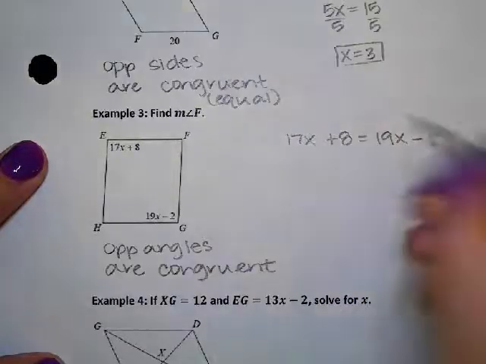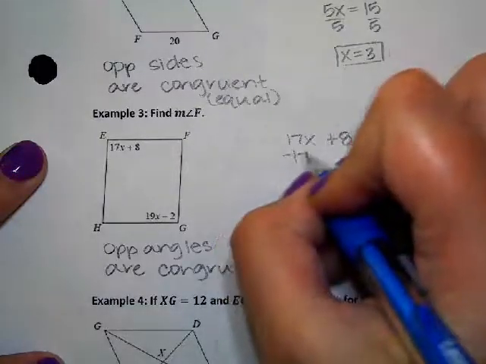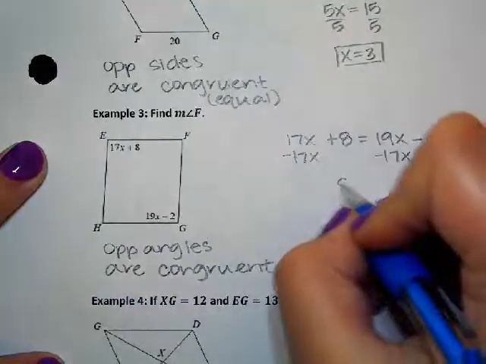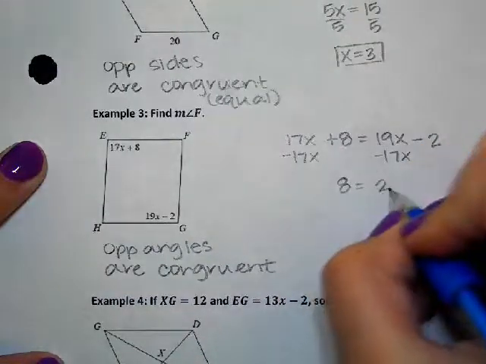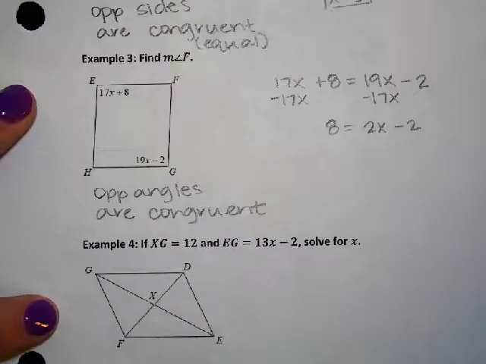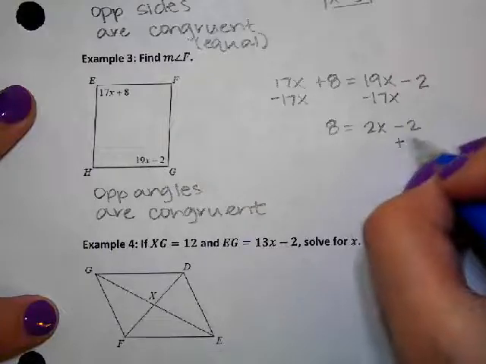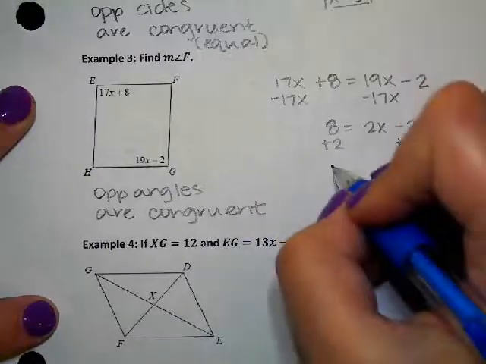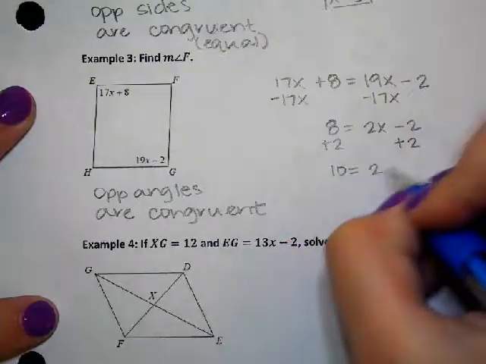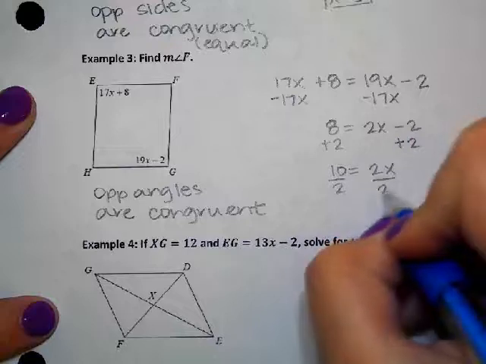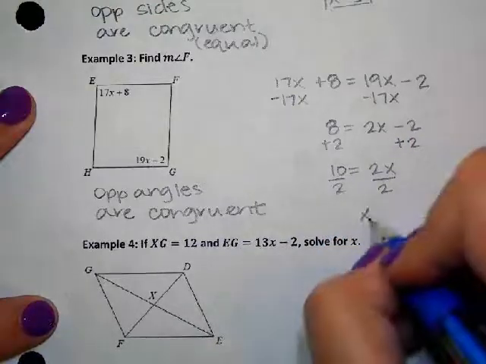So I can move the x's to one side. 8 equals 2x minus 2. Move all the numbers to the other side. 10 equals 2x. And then x equals 5.